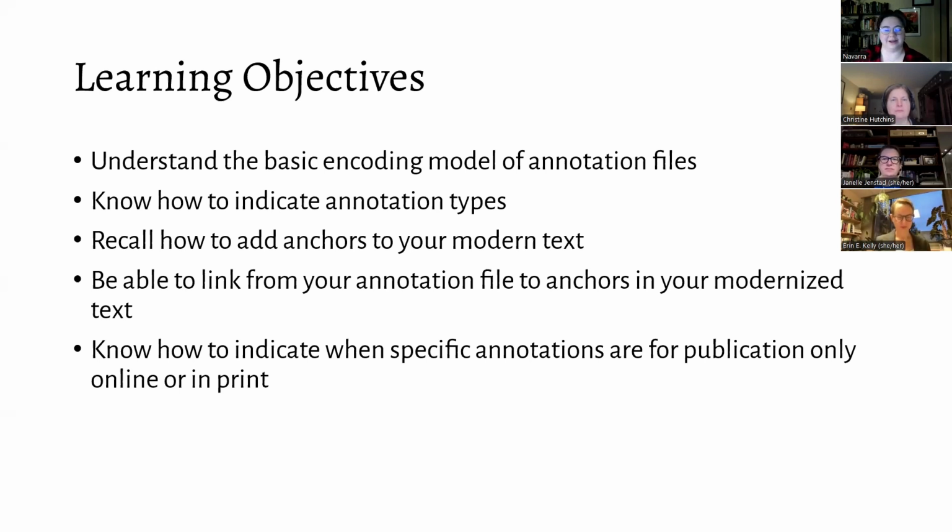I'll show you how to actually say that each annotation is one of those. We're going to have a reminder about how to add anchors to your modernized text so that you can link between it and your annotation file. And then finally, you're going to know how to indicate when specific annotations are for publication only online or only in the print edition of your text.